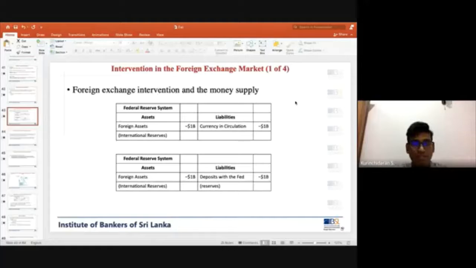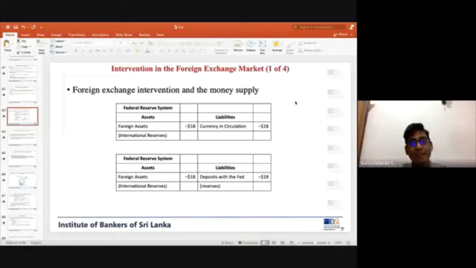So if you take this Federal Reserve balance sheet, you can see assets and liabilities. The left side is the assets. I have mentioned only foreign assets here, and on the liability side, for simplicity, I have included currency in circulation, right?